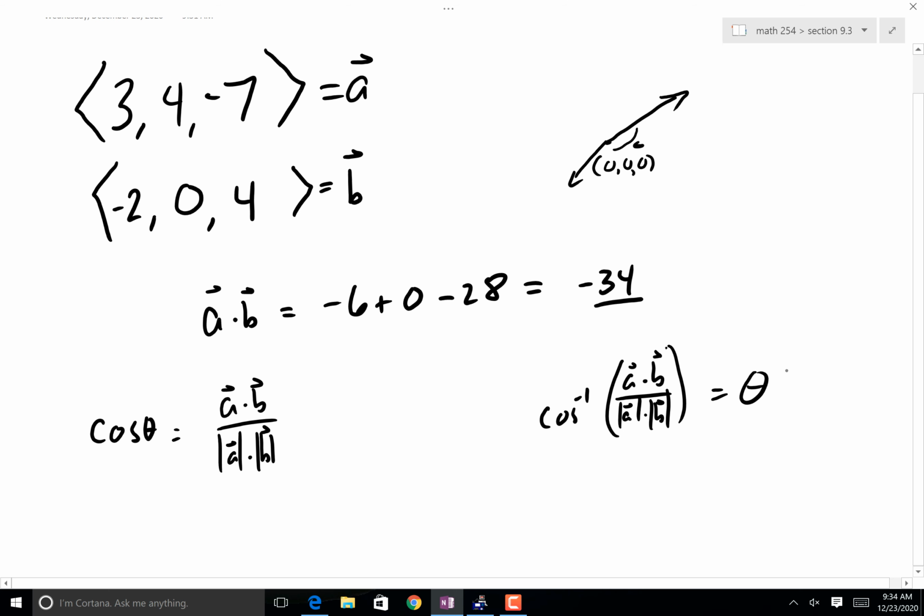Well, inverse cosine, you may recall, is defined between 0 and 180. The inverse cosine will always fall somewhere between this. Always.